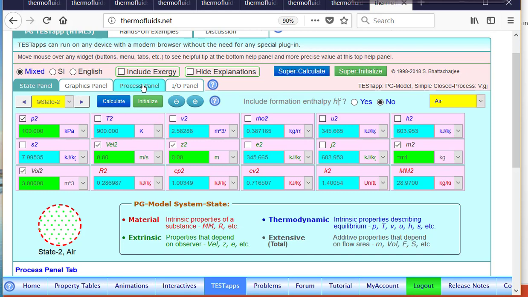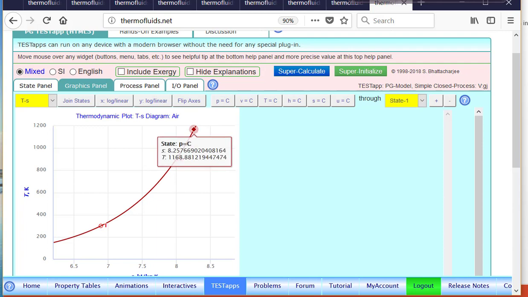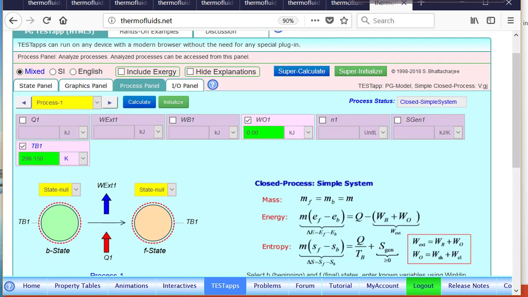Of course the graphics panel will show that if you draw a constant pressure line, it should pass through both this state 1 and 2. In the process panel, notice this is the addition here. It shows the beginning state and final state through a diagram, and you can load the beginning state as state 1. Immediately air is shown as the working fluid, and state 2 as the final state. And what is known here?